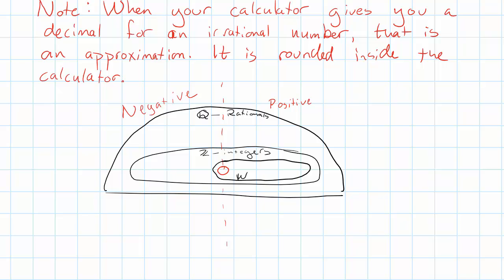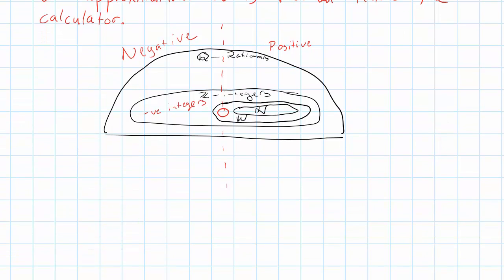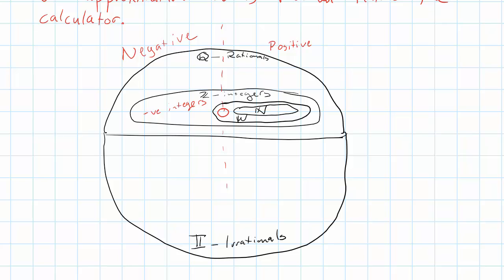Inside the integers, we had the whole numbers and the negative integers. And inside the whole numbers, we had the natural numbers, which were also the positive integers. Where do the irrationals live? The irrationals live outside of all of that. Remember when we said that integers were Z because I was taken? I is taken by the irrationals.